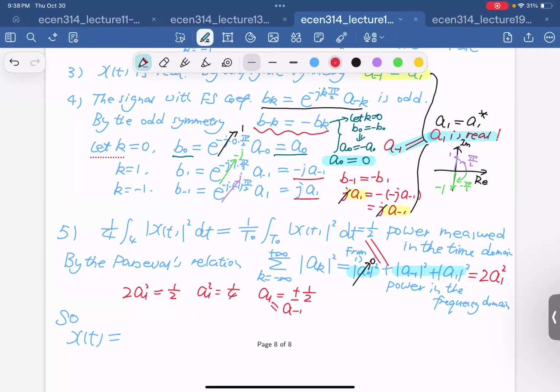So that means what I need to have is the same coefficient times e to j minus 1 half pi t plus e to j plus 1 half pi t.